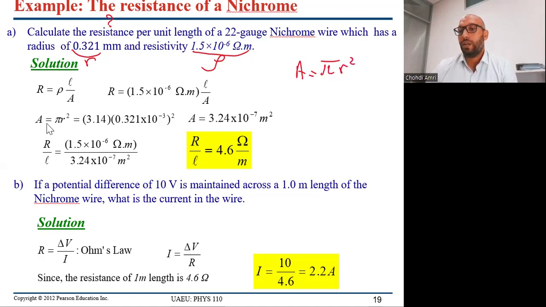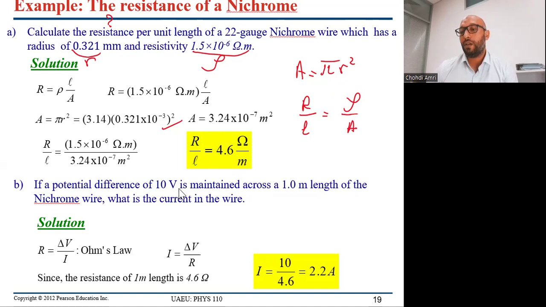So the resistance per unit of length is rho over A. Of course, we have to convert: rho is 1.5 times 10 power negative 6 ohm meter divided by the area pi R squared, and R must be converted to meter, that means multiply by 10 power minus 3. And we get that the resistance per unit of length is equal to 4.6 ohm per meter.